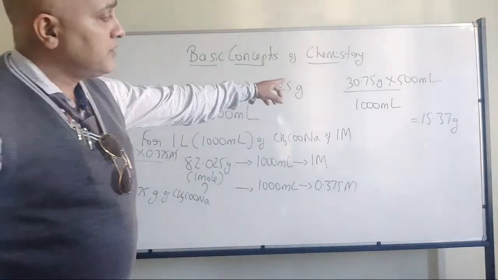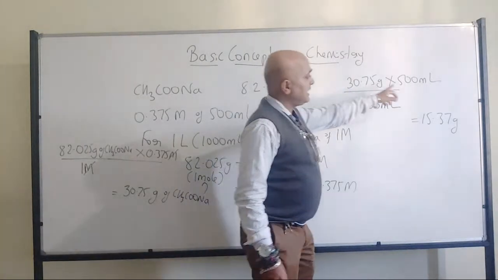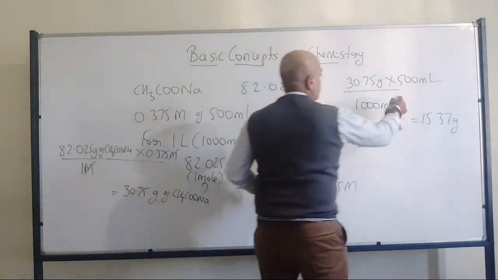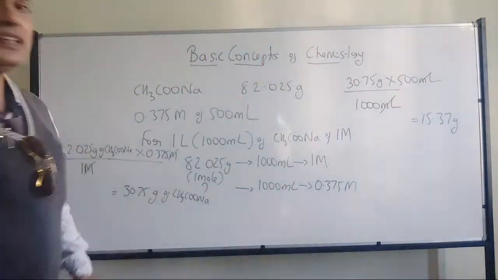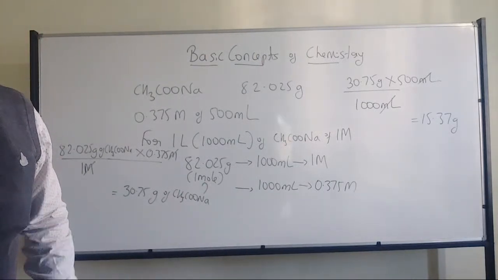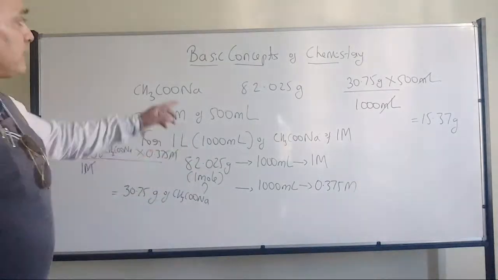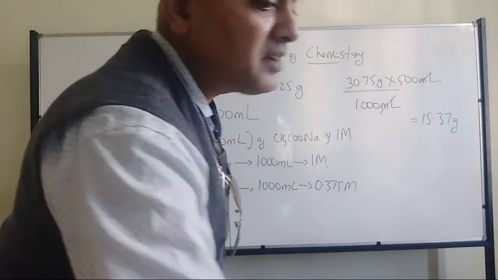So for 1000 ml, it is these many grams of sodium acetate. How much for 500 ml? So ml will get cancelled. The answer will be 15.37 grams of sodium acetate. If I put it in 500 ml of water, I have got the required concentration.